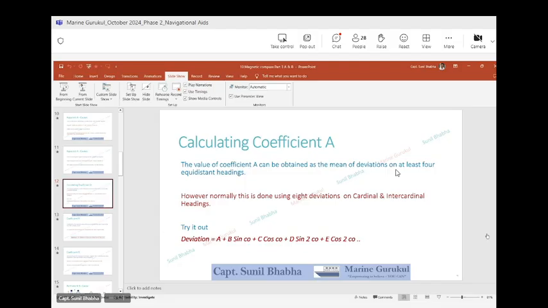No beta, no. When you swing the ship, you are not calculating any coefficient. You are just swinging the ship and noting down the deviation, and you are making a fresh deviation card. That's all. So it has nothing to do with these coefficients. No, it has got nothing to do with coefficients. Coefficients is much more deeper.